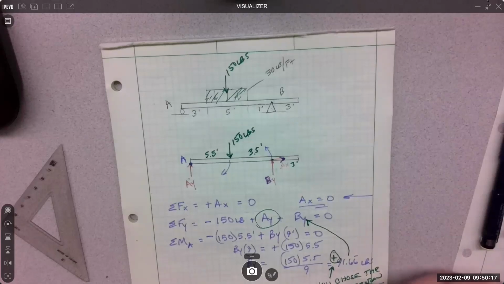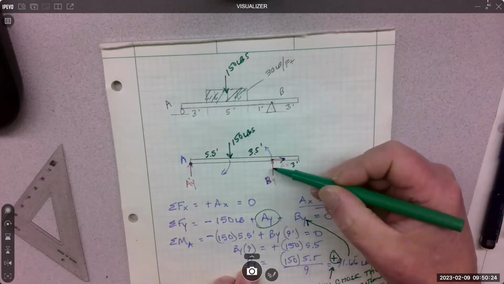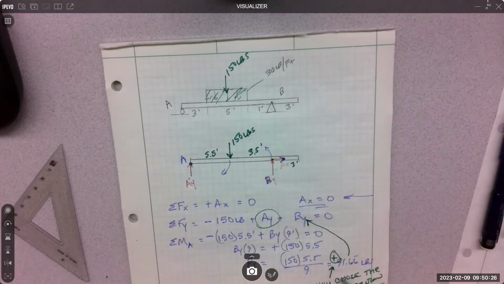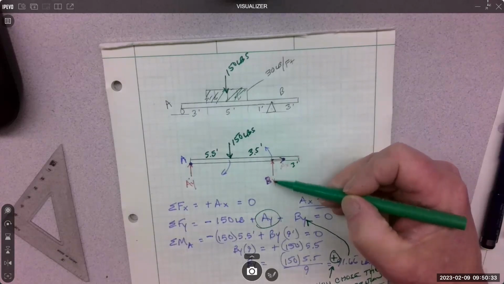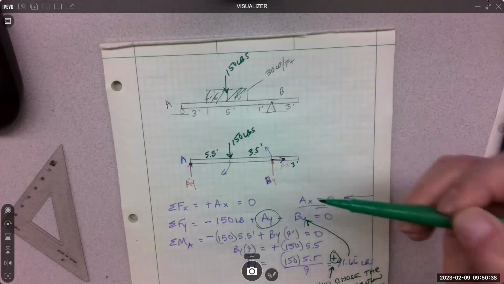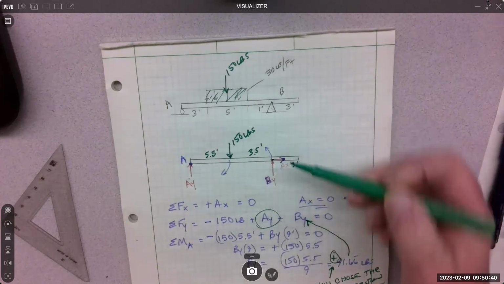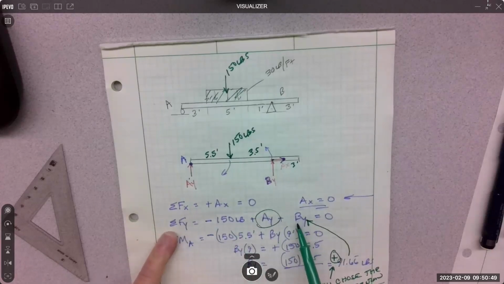So this is tough because it does not mean that BY goes up positive. Yes, it does, but that's a coincidence. What this plus means is whatever you chose in the BY is correct. In other words, if I chose BY down and this came out positive, that means that choice was correct. So the math is telling you whether it's right or wrong. Okay? Same with the sum of forces equation.